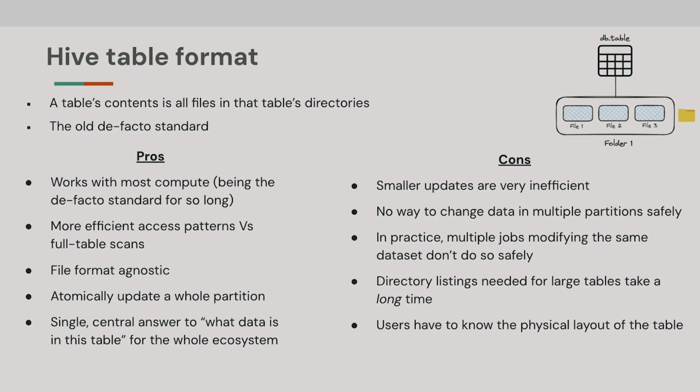Another important aspect where Hive lagged was that users had to know the physical layout of the table, and that's really cumbersome to deal with. For example, if you have a table partitioned by day, and your query has something like a timestamp, Hive will not know that mapping. Hive didn't have that mapping. So unless you specify the partition column that you have explicitly defined for your Hive table, users who pass a query will be doing a full table scan.